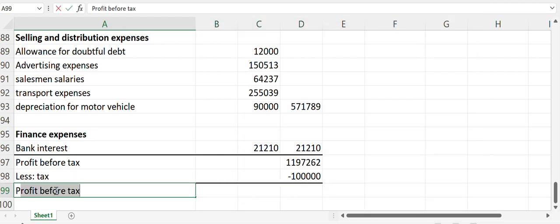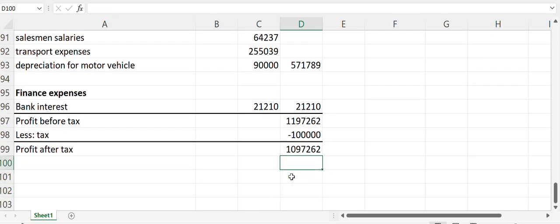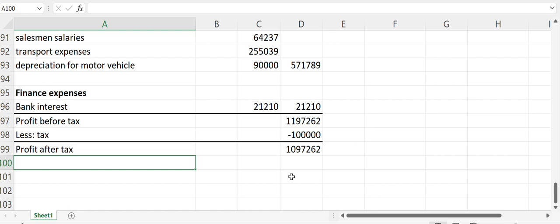So we have profit after tax. Then from there we can now less dividends. Can less dividends.